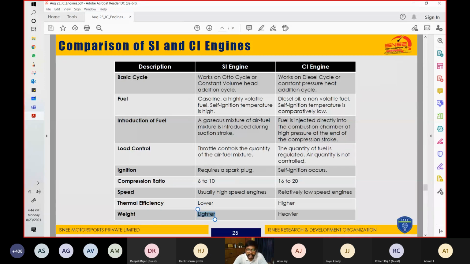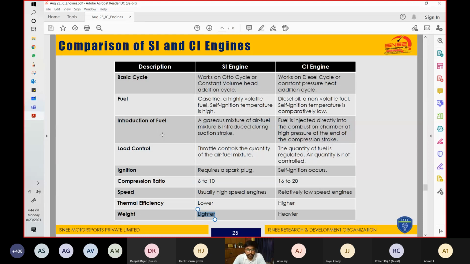Then the type of fuel in the SI engine is gasoline, a highly volatile fuel whose self-ignition temperature is very high. And in the CI engine, it is diesel, a non-volatile fuel, and the self-ignition temperature is relatively low as compared to gasoline or petrol.